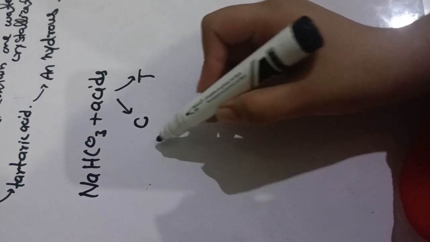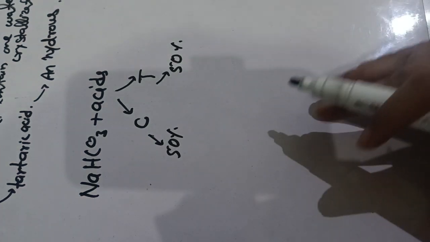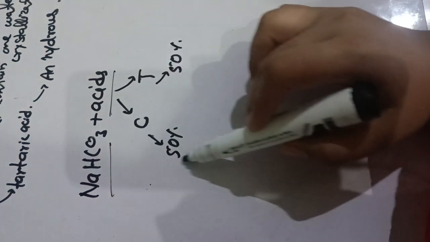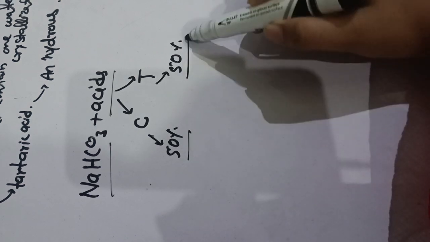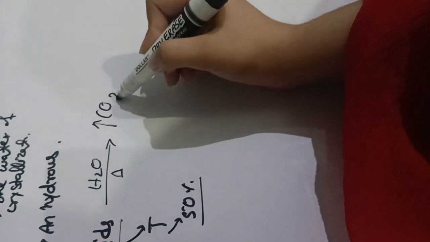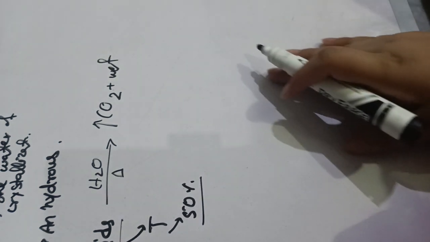Like 50% citric acid is added and 50% tartaric acid is added, and the citric acid will perform 50% of the neutralization, because there is a neutralization between the base and the acid. So it is performing 50% neutralization, and the tartaric acid is also performing 50% neutralization. And after adding both of them, in the presence of water or heat, carbon dioxide gas is going to be released and a wet mass is left behind.